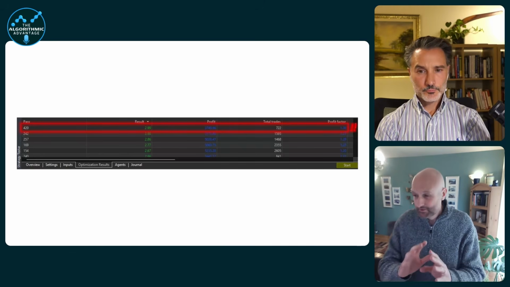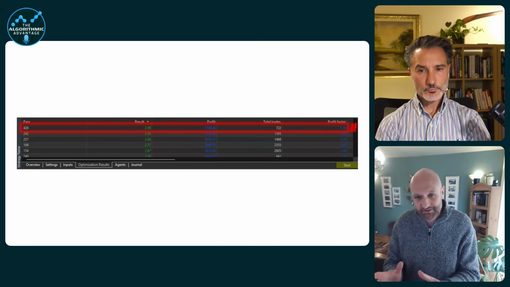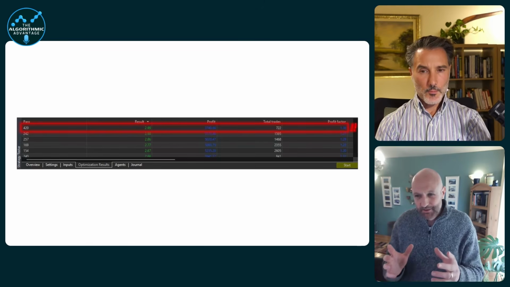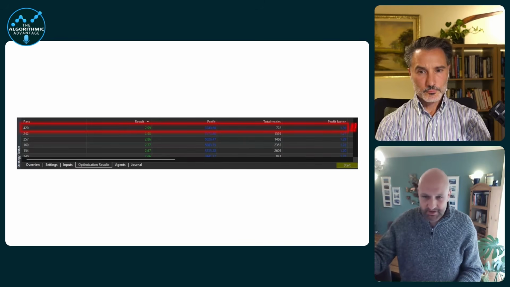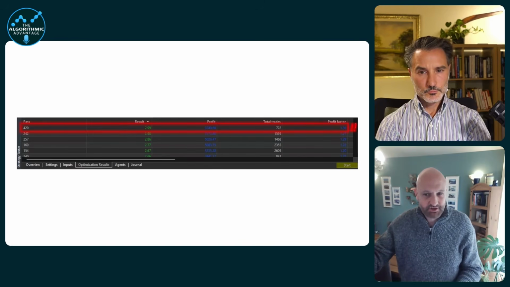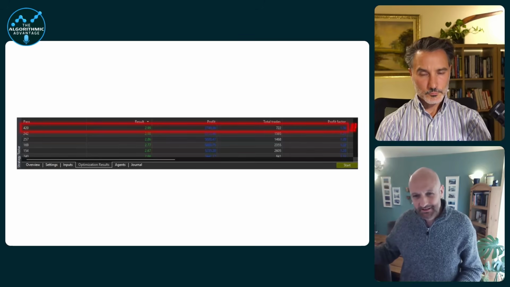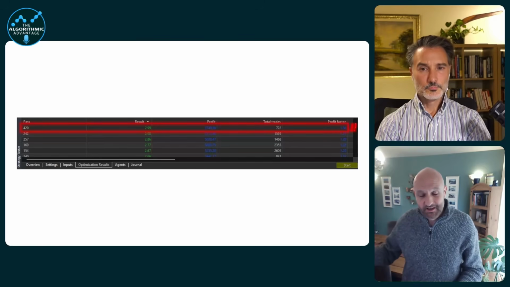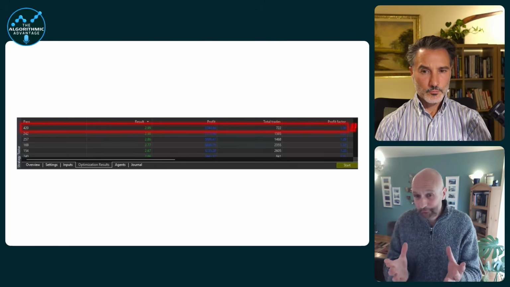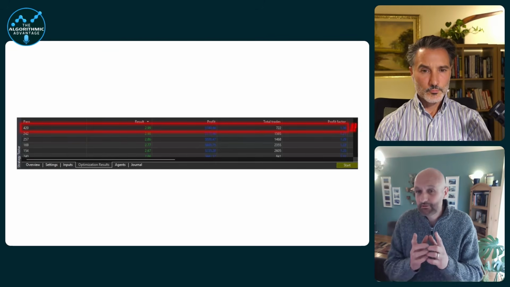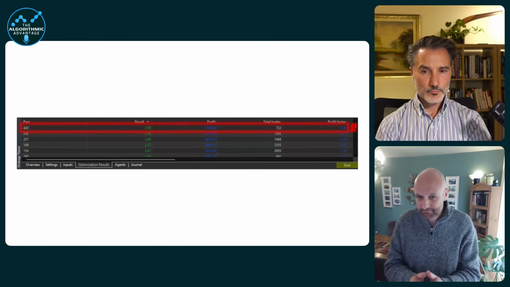There'll be some element of edge in there as well, but they're there because they've been positively affected. So just by choosing the top performers in an optimization and then trading those, you cannot expect them to trade as well in the future as they did in the past. And that is the key reason, I believe, for what I've just explained.